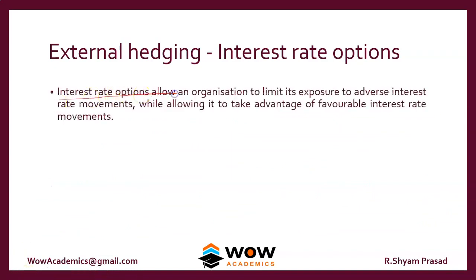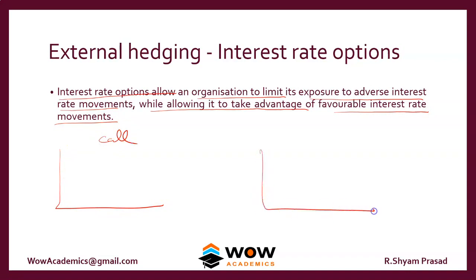So interest rate options allow an organization to limit its exposure to adverse interest rate movements while allowing it to take advantage of favorable interest rate movements. Okay. So that's what both the charts will tell you. A call option will be taken by a borrower and a put option will be taken by an investor.